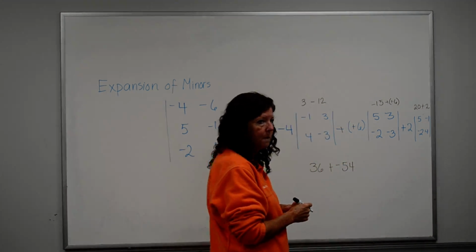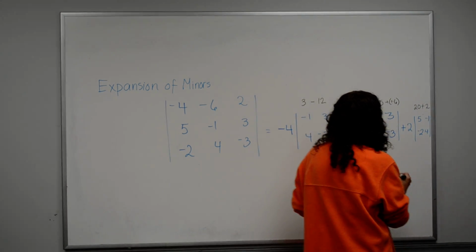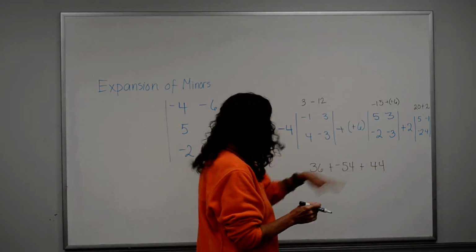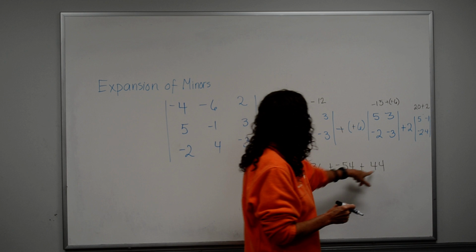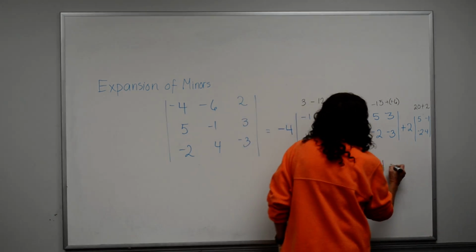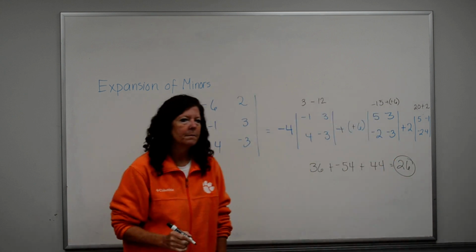So far so good? Then I have 2 times 22, which is going to give me a 44. When I add these together, I'm going to get a -10 from those two that I'm going to add to the 36. So I'm going to get a +26 is my determinant.